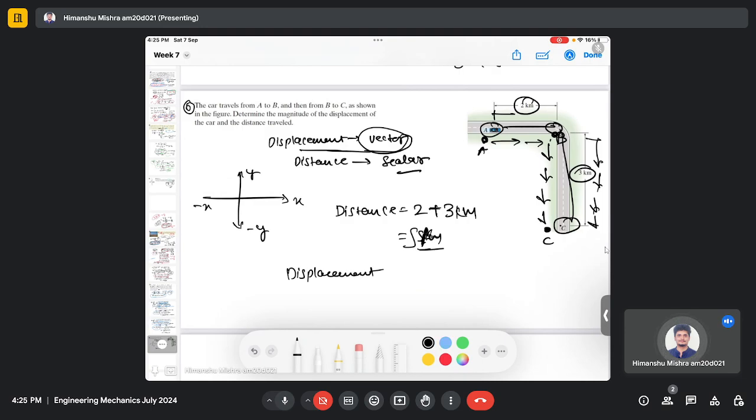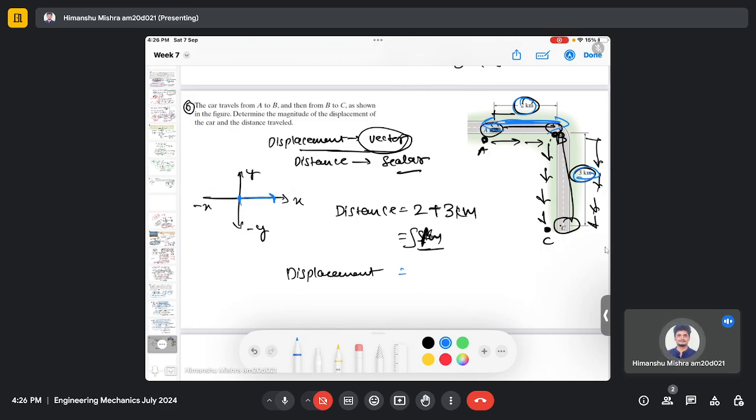You can see that first the car travels along the x-axis. What is the magnitude it travels along this component, along the x-axis? It is 2 kilometers. Then it travels entirely in the y direction, which is 3 kilometers.